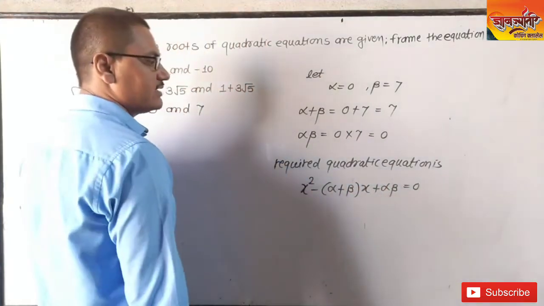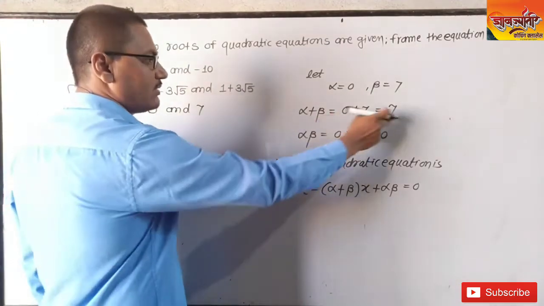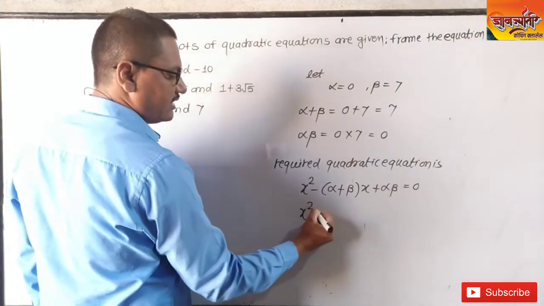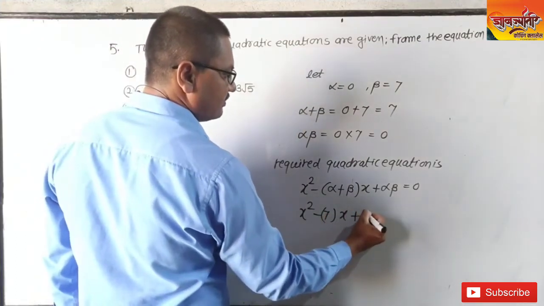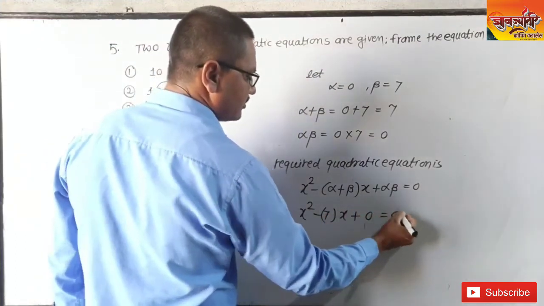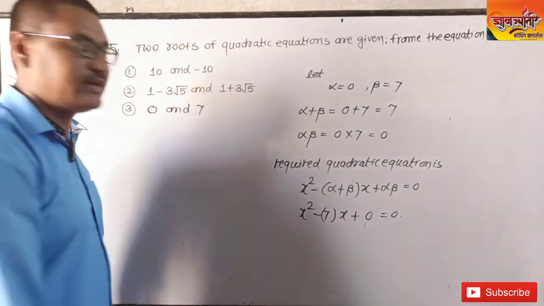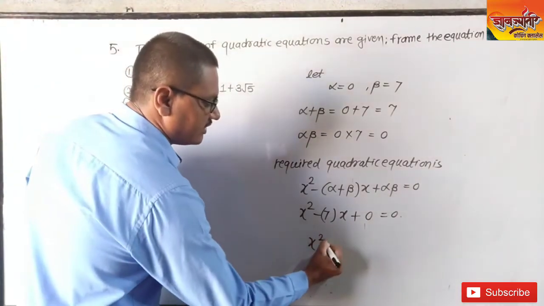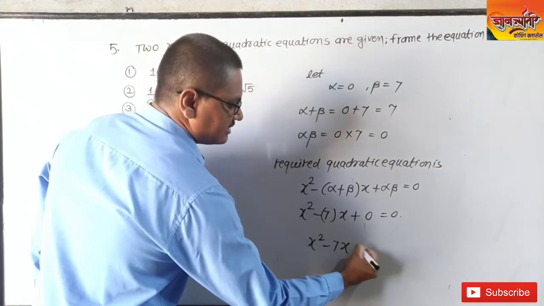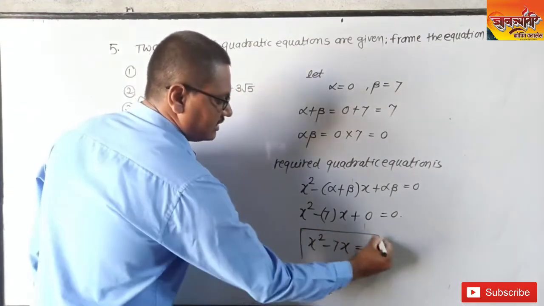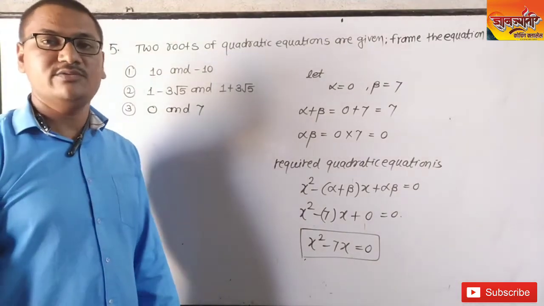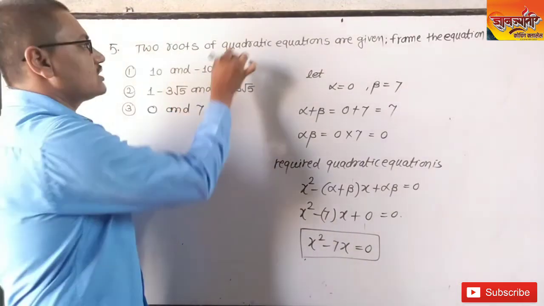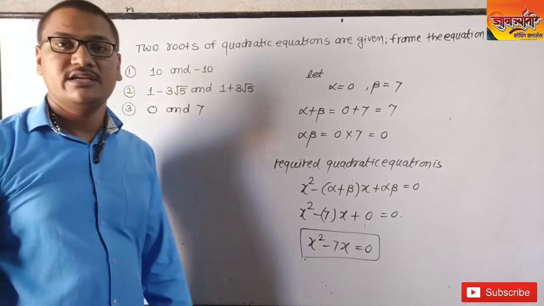Substitute the values: alpha plus beta is 7, so x square minus 7 into x plus alpha beta, which is 0, is equal to 0. After simplifying, we get x square minus 7x is equal to 0. This is another form of the required equation using the roots of the quadratic equation.